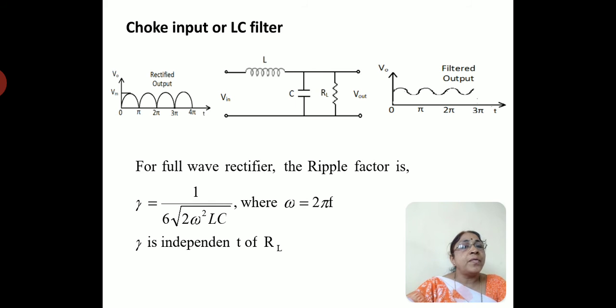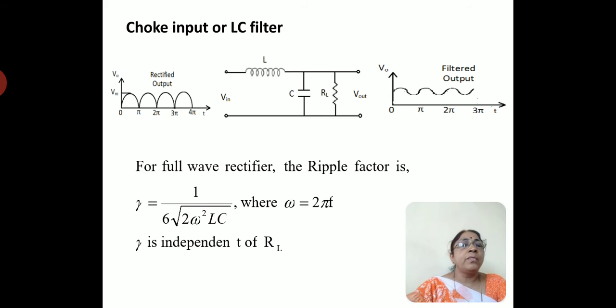And if ripples still remain after passing through the inductor, then the capacitor allows the ripples, meaning the AC components, to pass, and the remaining DC goes through the output load.